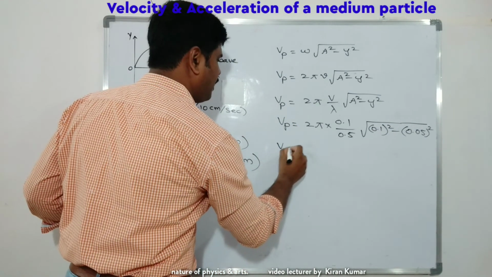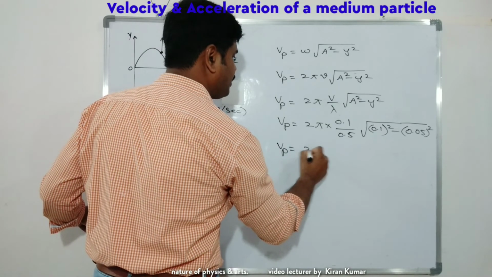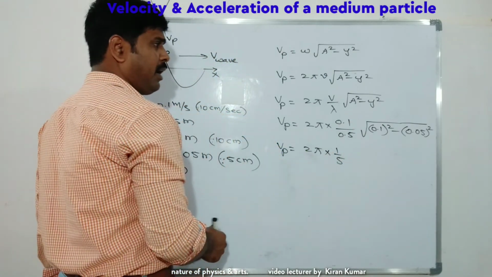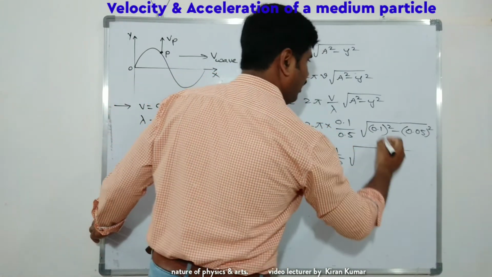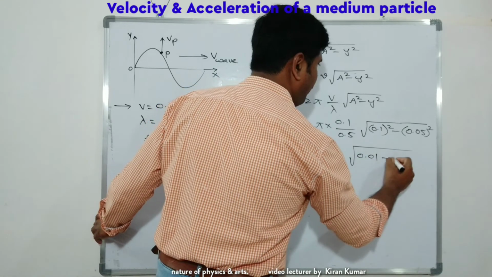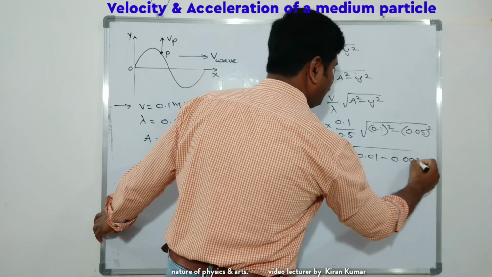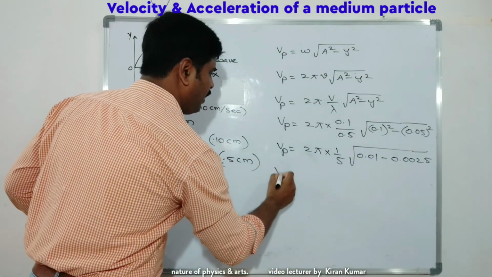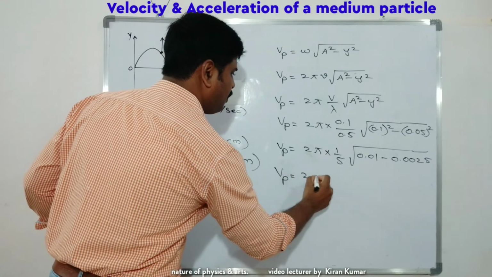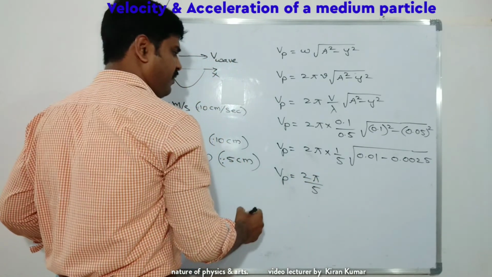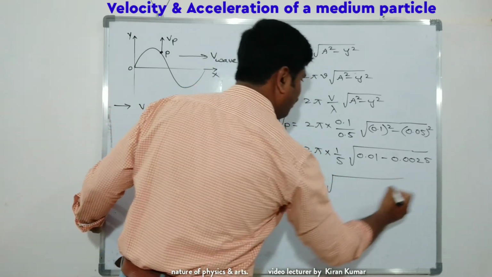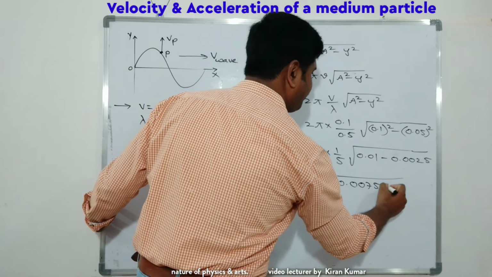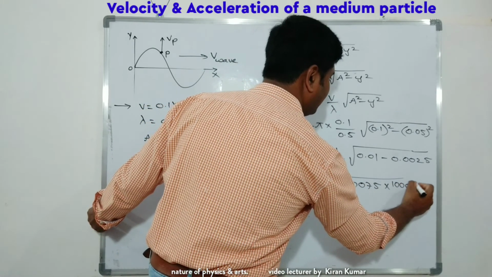Then the velocity of the particle is equal to 2π into 1/5, root over 0.01 minus 0.0025. See, try to understand. So the velocity of the particle is 2π/5 times root of 0.0075, multiplying and dividing by 10,000.